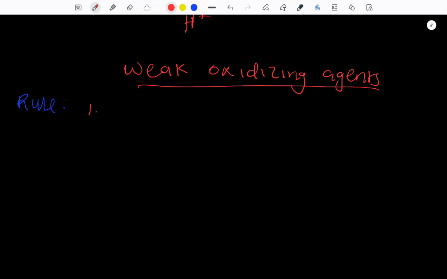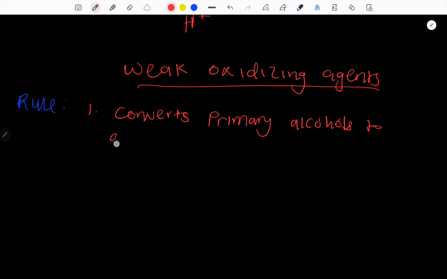So the law of the game here is that weak oxidizing agents convert primary alcohols to aldehydes.